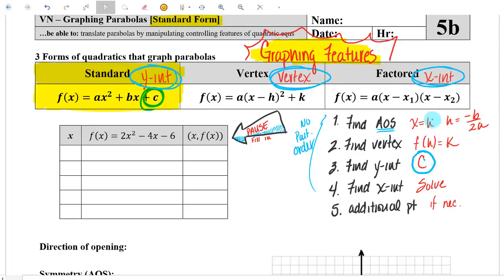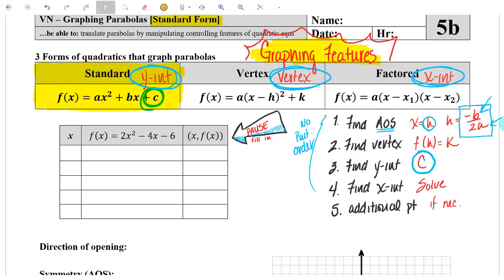Remember that that's going to be x equals whatever the x coordinate is of the vertex. To get the vertex out of this one, we use a little formula. We take the coefficients of b and a, and we put opposite b over twice a, and that's going to tell us the x coordinate of the vertex. It's not a super hard calculation.